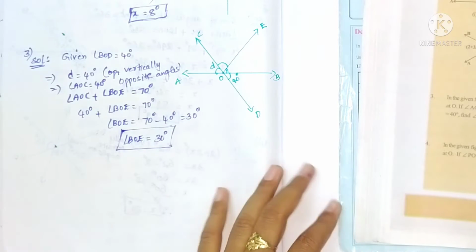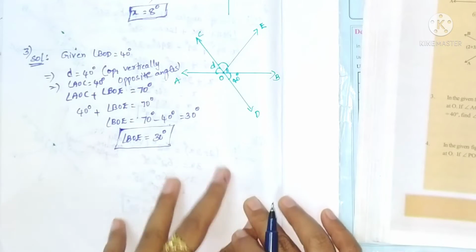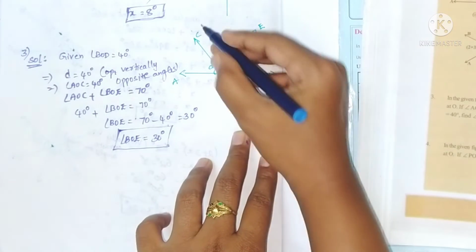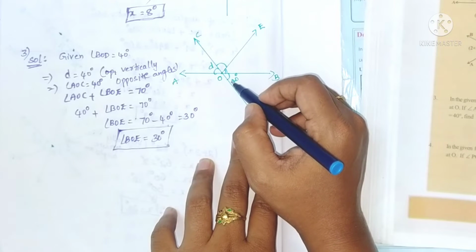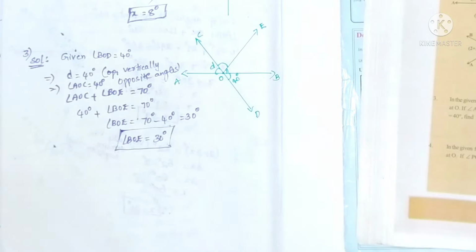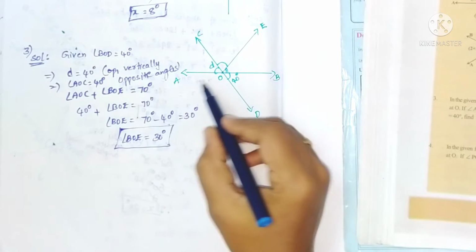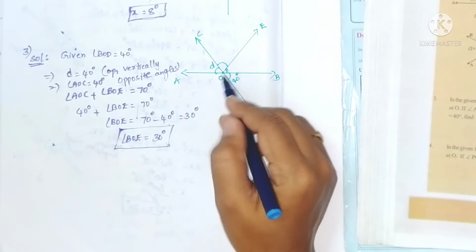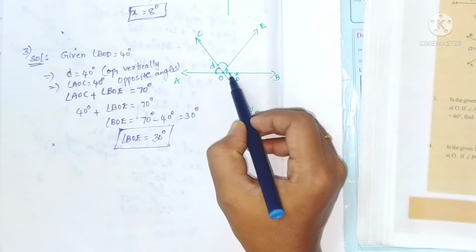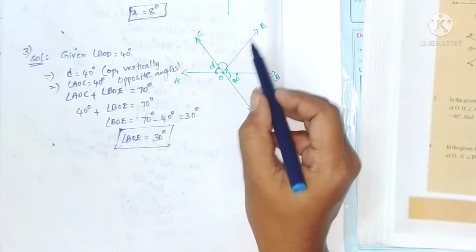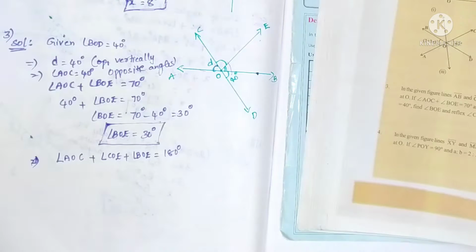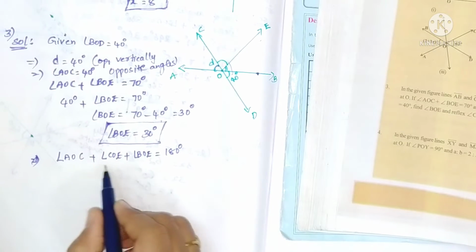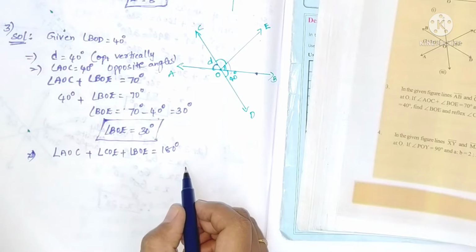So we want to find out angle BOE and reflex of angle COE. So we have to calculate angle COE also. Now come to the figure here. In the diagram, these three angles form a straight line: angle AOC, angle COE and angle BOE.